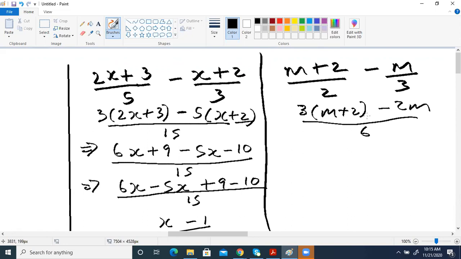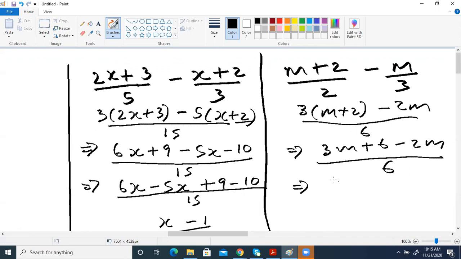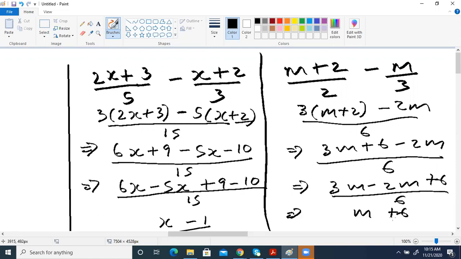So 3m plus 6 minus 2m, all over 6. To group them now, you have 3m minus 2m plus 6 all over 6. So now we get m plus 6.